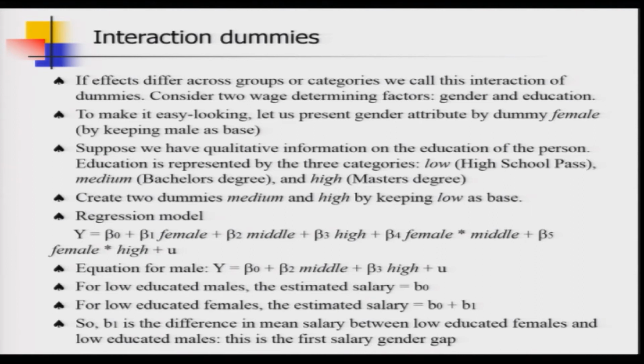Okay. So, here note that the qualitative variable education has three different categories or labels. So, if we want to avoid the dummy variable trap, then we have to define two dummy variables by keeping one base. So, here we can keep low as the base, and throw in two dummy variables medium and high if we are interested to see whether with increase in educational qualification there is a positive impact on wage or salary or not.